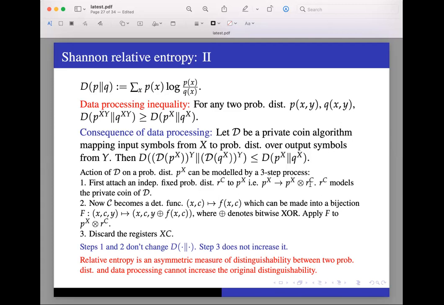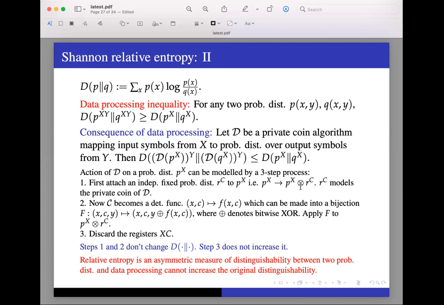Then it also sends it to X comma C comma Y, where it puts the all zero strings on Y. Then it applies the bijection capital F. You can see that it's a bijection, right? In fact, the inverse of F is F itself. If I apply F twice, I'll get back the original string X, C, 0.